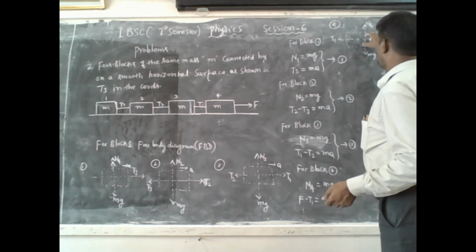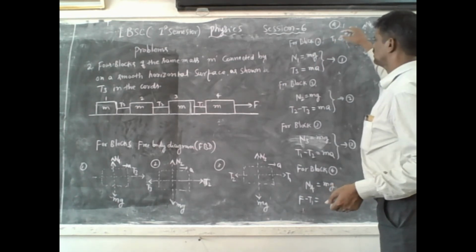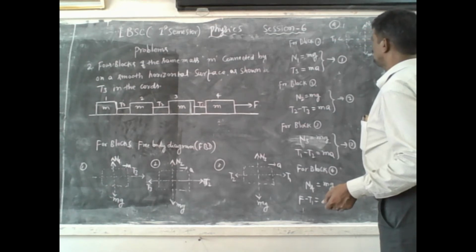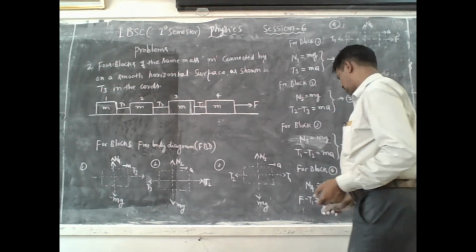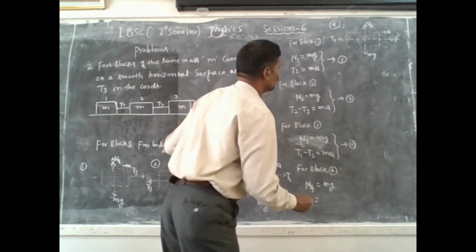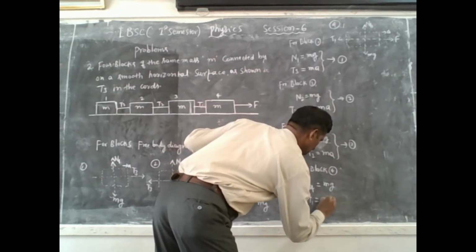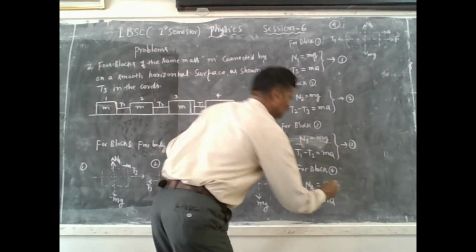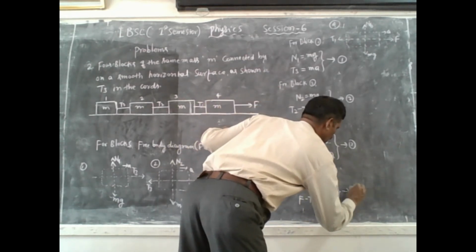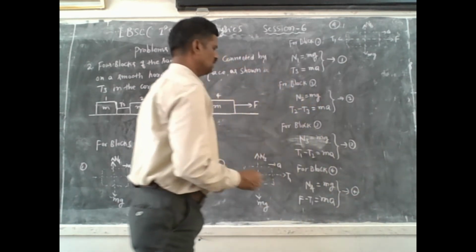So the tension is along the x direction, isn't it? That's why F minus T1 equals Ma, isn't it? So these are the 4 equations, isn't it?